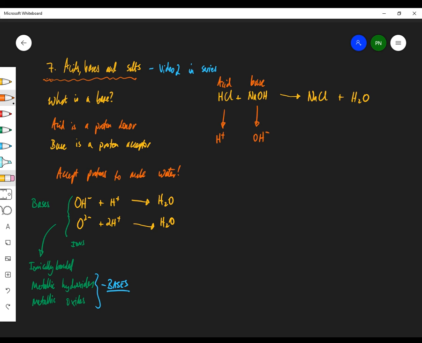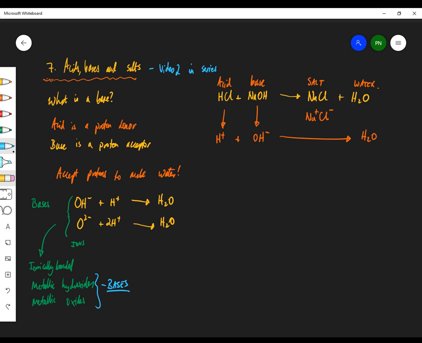These two come together to form the water. The things left behind, the chloride ion from the acid and the sodium ion from the base, form what we call the salt. So if anything accepts a proton, it is a base, and on our syllabus, it's hydroxides and oxide ions.